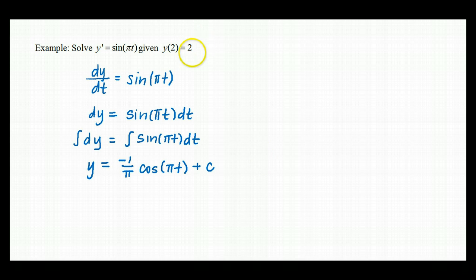So we're going to get out a value of 2, so 2 is going to equal negative 1 over pi cosine. If I plug in for t, 2 cosine of 2 pi plus c. So cosine 2 pi is the same as cosine 0, and cosine 0 is 1.